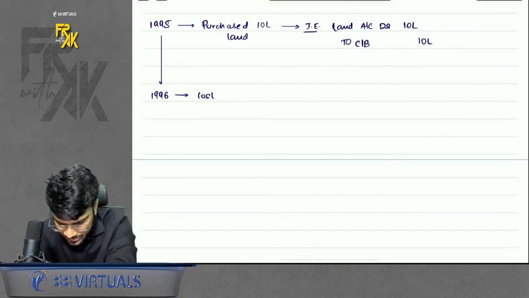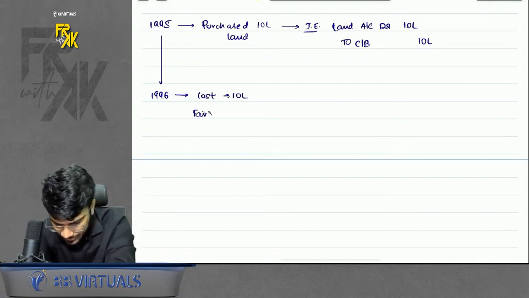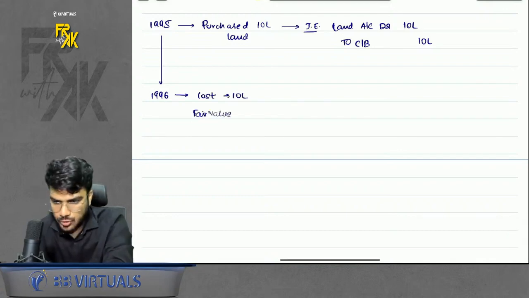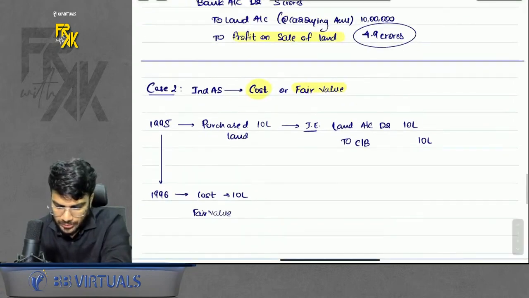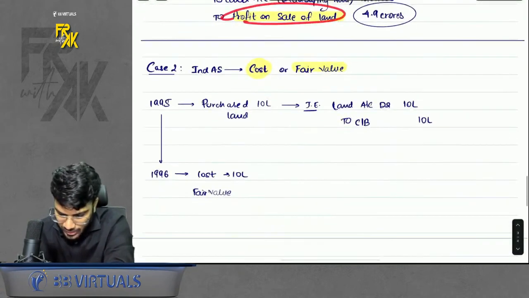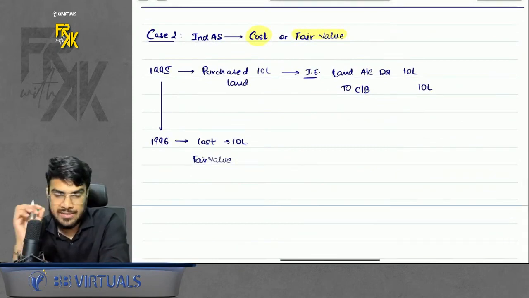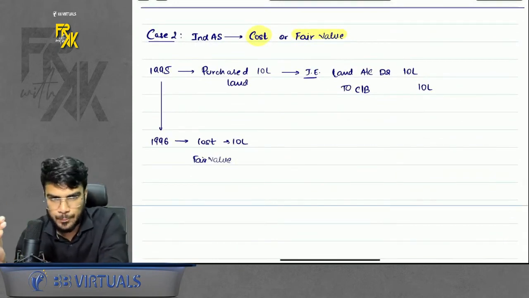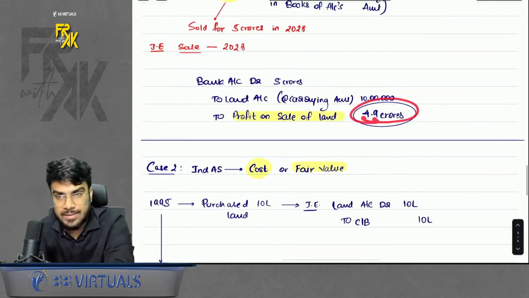Of course, our cost is 10 lakhs only, but the fair value of land has increased. So now we already know that instead of booking the profit directly in the year of sale, if we keep on booking the profit based on the changes in fair value, such a situation will not arise, right?